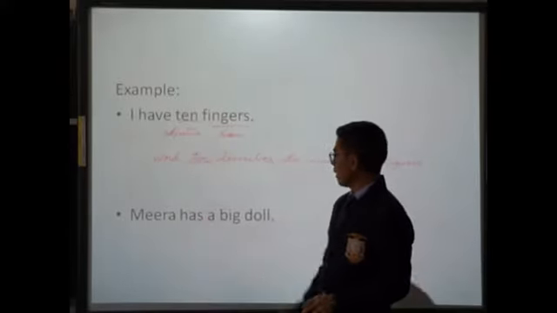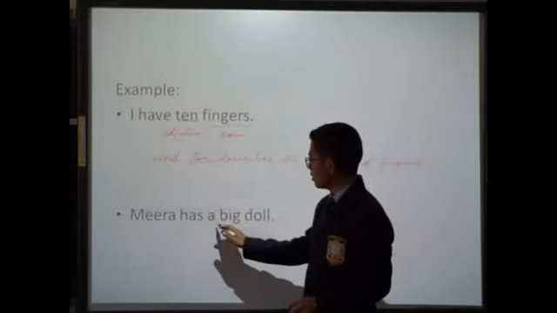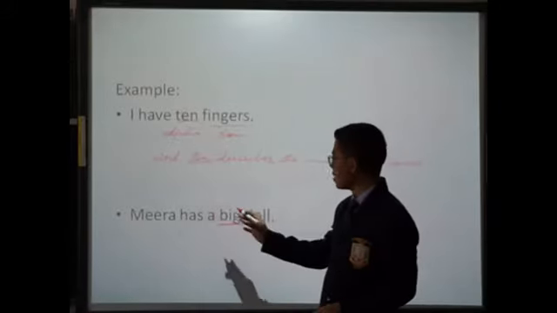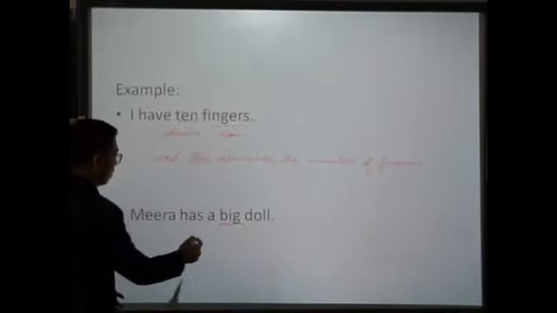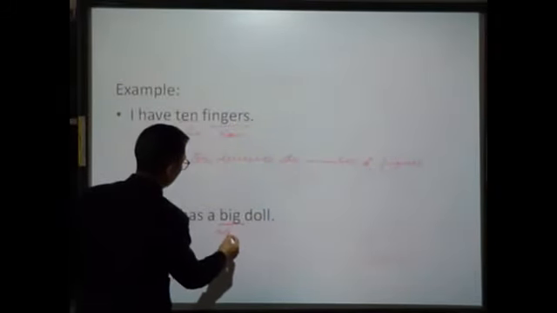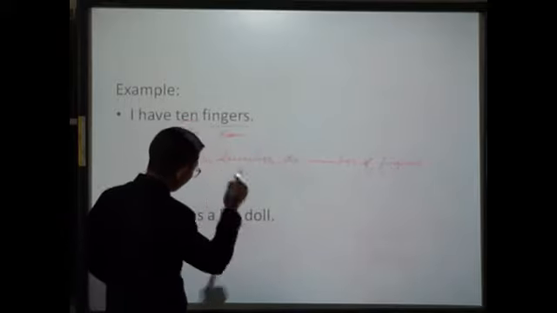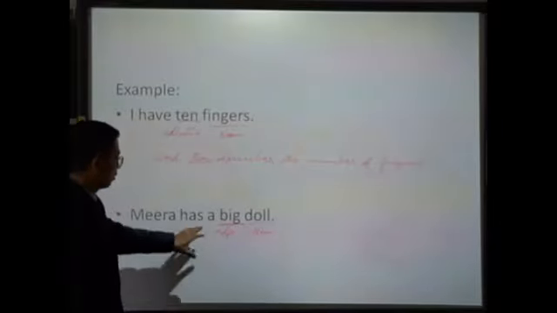Mina has a big dog. Here the adjective is big, and it describes the size of the dog. A big dog. So this is the adjective, and the noun here is dog.